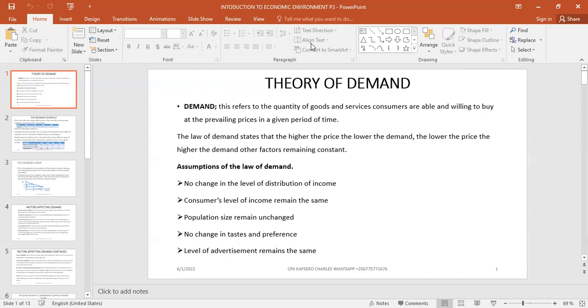So without wasting more time, allow me to kick off, and we are going to discuss more about this theory of demand, and we can start by defining what demand is.